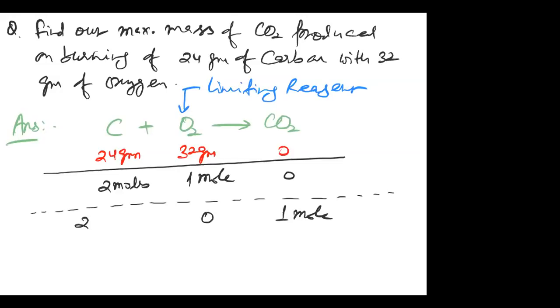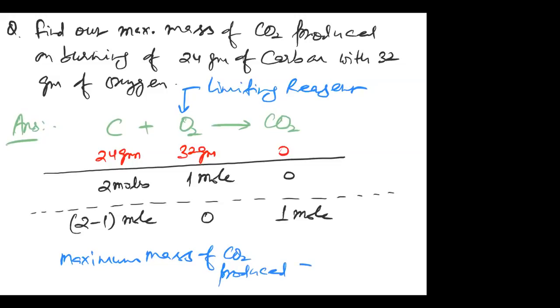Out of 2 moles of carbon, 1 mole gets consumed, and only 1 mole of carbon is remaining. So maximum mass of CO2 produced should be equal to 1 multiplied by 44 gram, and the mass of CO2 comes out to be 44 gram.